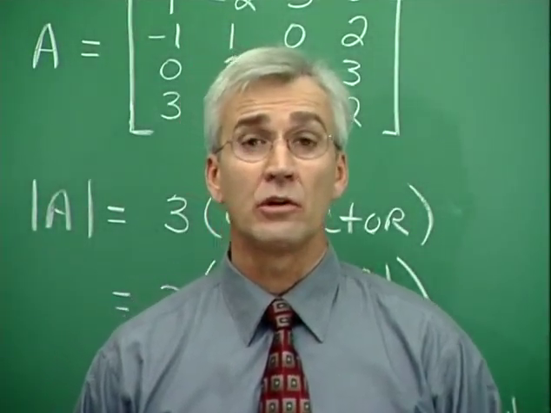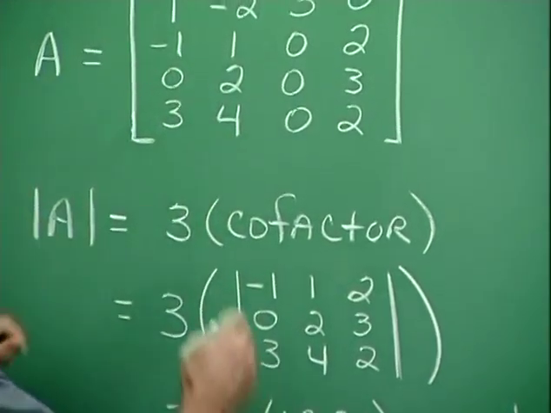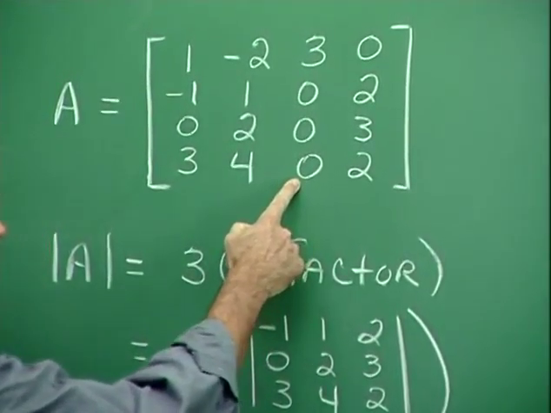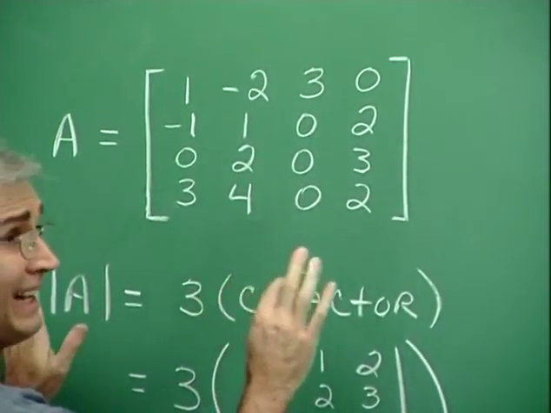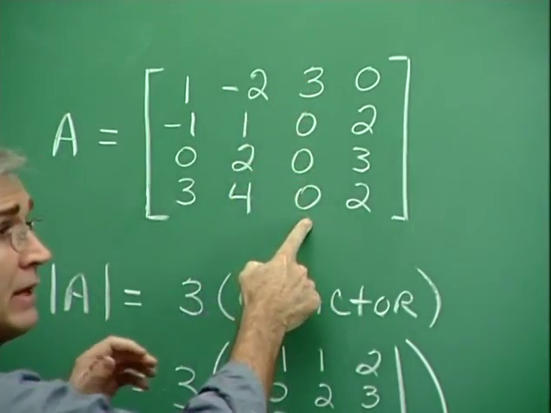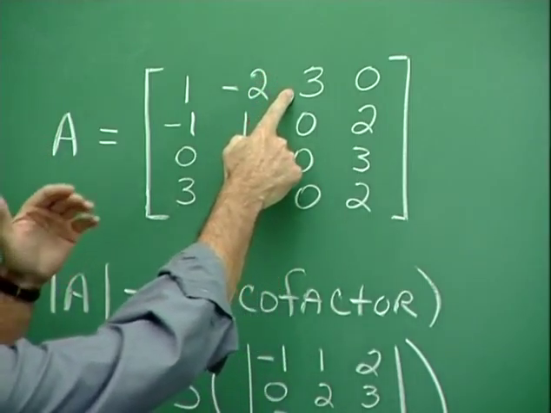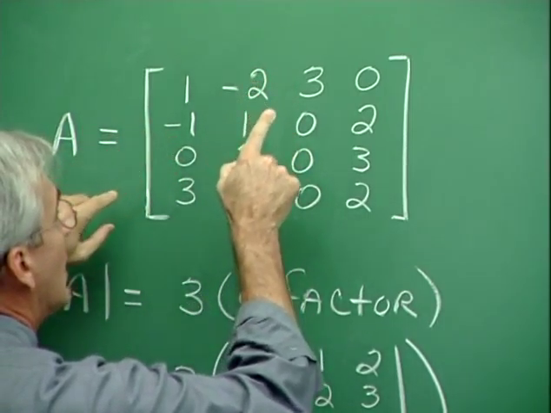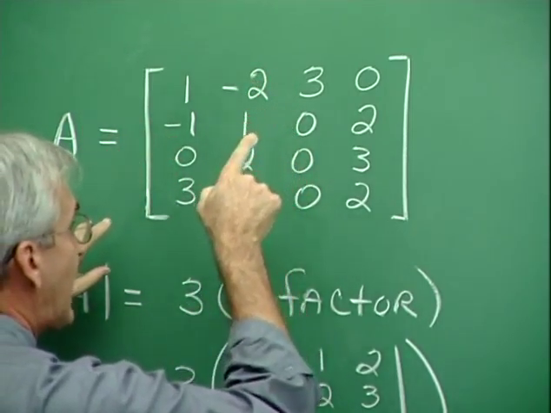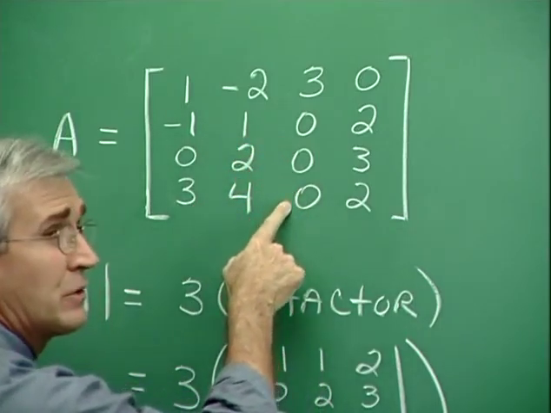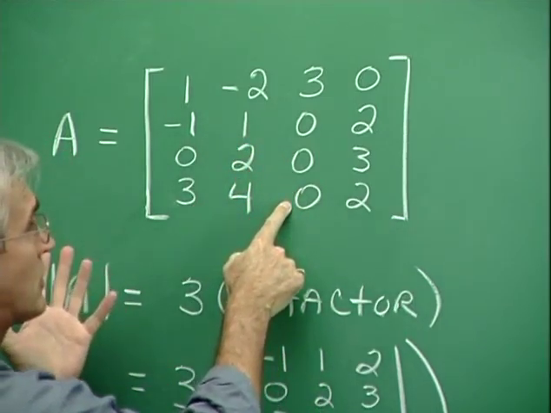To calculate the determinant of this matrix, we would notice that there are a number of zeros here, all in the same column. So we would elect to go down this column in calculating the determinant. So it's simply 3 times its cofactor, then plus 0 times its cofactor, 0 times its cofactor, 0 times its cofactor. So all of those terms go out.